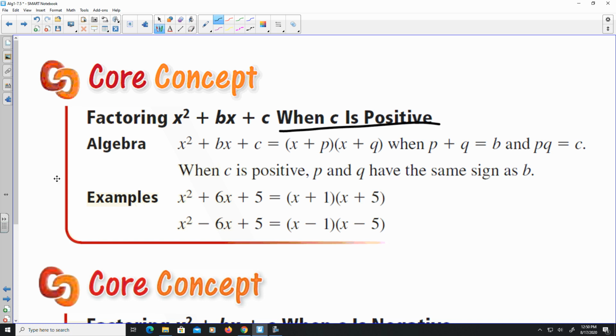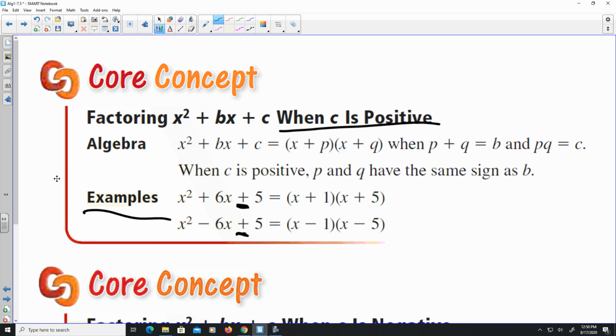Anytime c is positive, you are going to factor it out as a pair of binomials where the sign is going to be the same. So for instance, in this example right here, you have x squared plus 6x plus 5, and in a separate expression, you have x squared minus 6x plus 5. In this case, c was a plus. Your second sign was a plus.